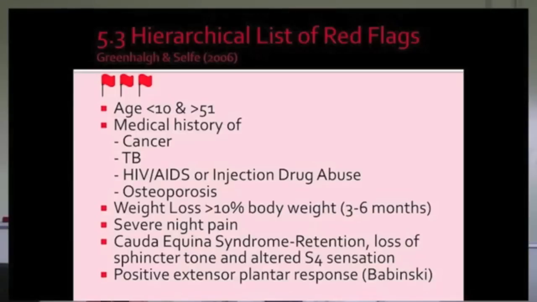If somebody comes in with an age of over 51, a 60-year-old patient comes in with a first-time history of back pain, they've never had back pain before, why would somebody at that age suddenly start to have back pain? The peak incidence for back pain is somewhere in the 40s. Why would somebody that's never had it before start at over 60?